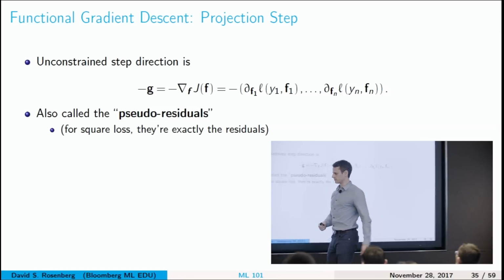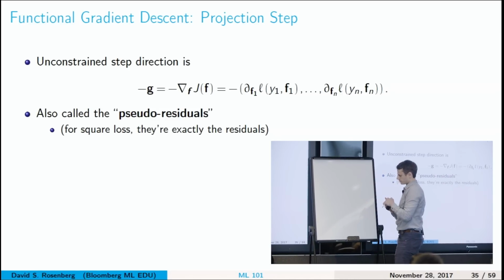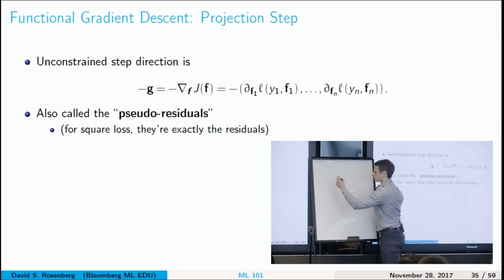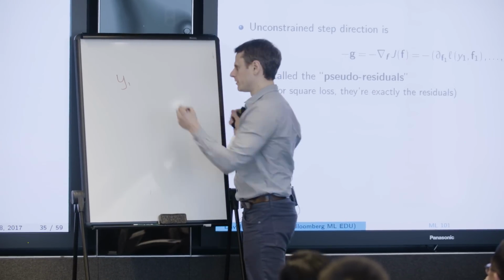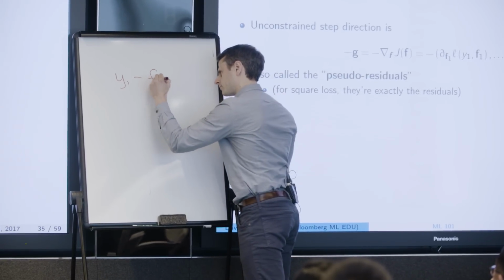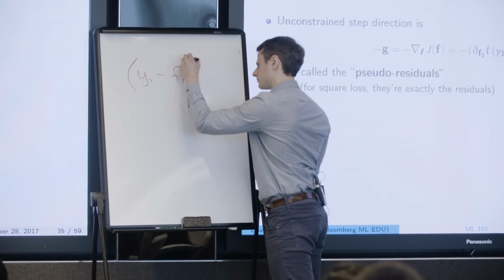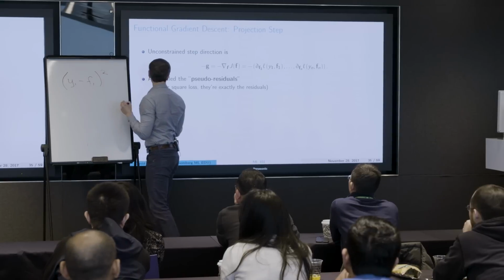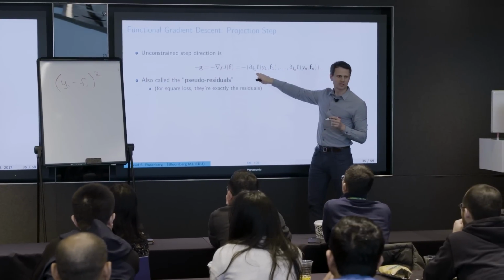So let's just work it out really quickly. If the true label is y1, and our prediction is f1, and the loss is the square loss, then the recipe is to differentiate with respect to the prediction f1.